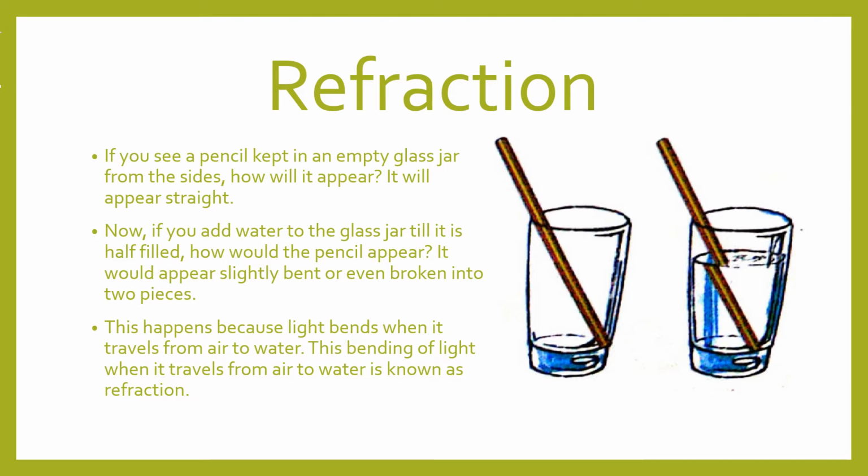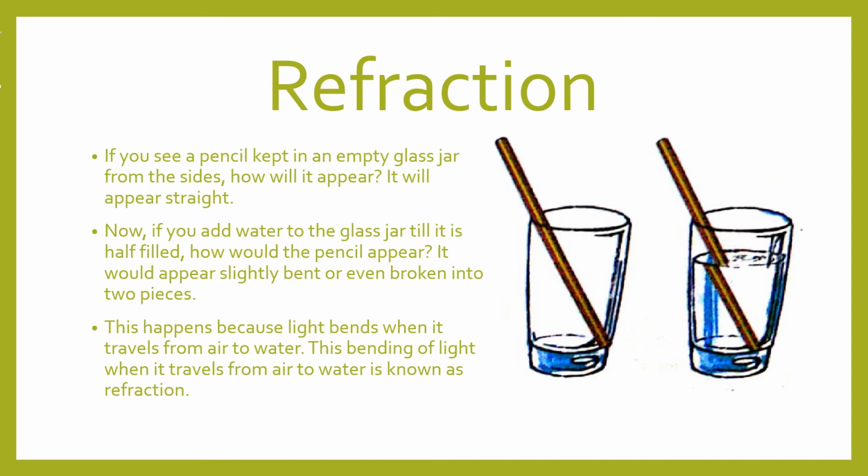So why does this happen? In the first jar, you can see that the pencil is straight. In the second glass or jar, you can see the pencil is broken. Two pencils you can see. Why so? This is because light bends when it travels from air to water.